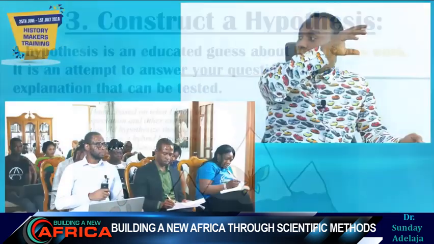You remember the second step was research. So the hypothesis comes out of the research, because the research gives you some facts that you use as the basis for your hypothesis. Then a hypothesis can also be cross-checked, tested or examined to see if it is true or not.